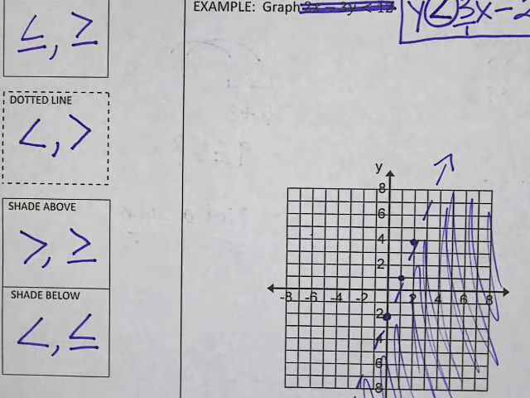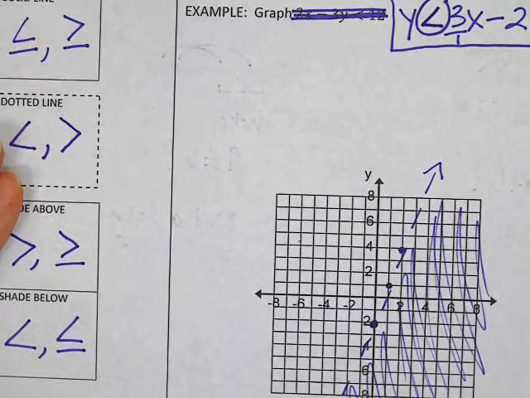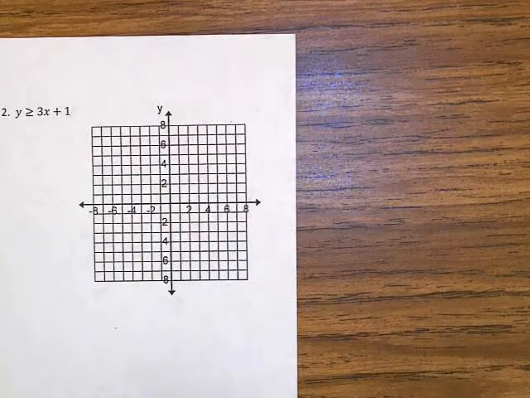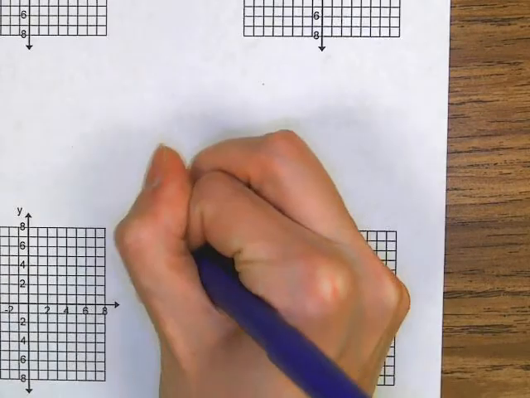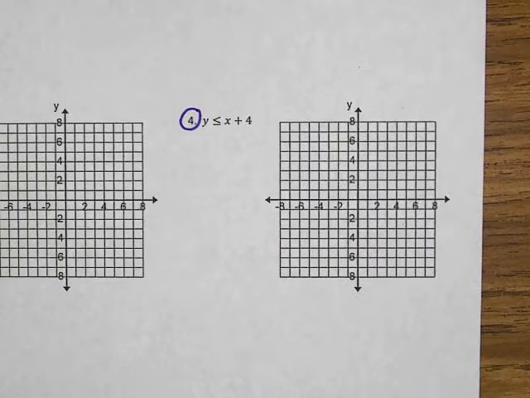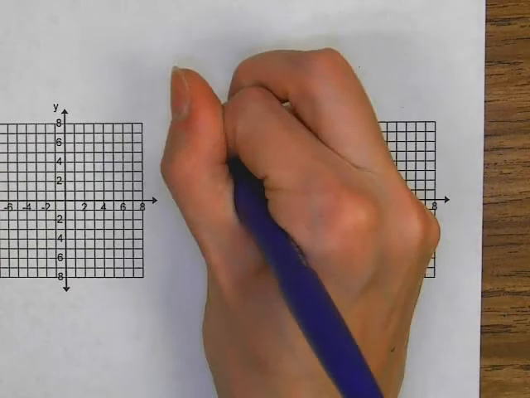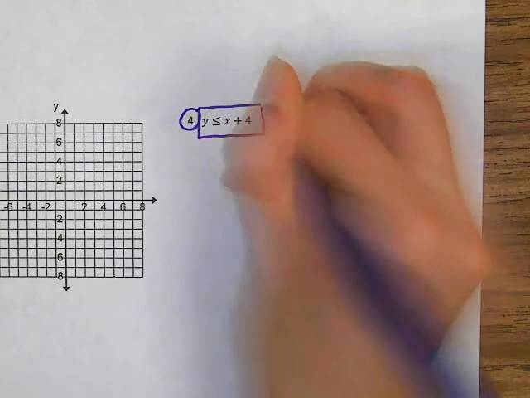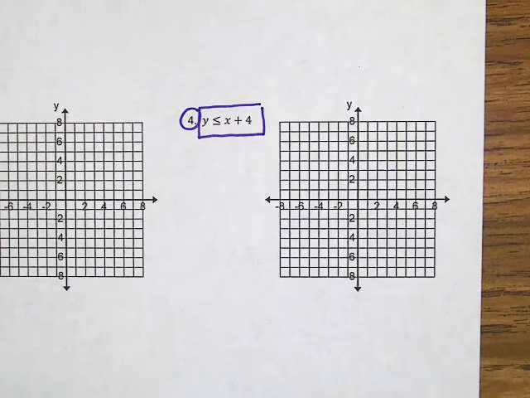So there's a lot of things that you guys have to remember for these. All right, let's do one more, and then I'll do another one for anyone who wants a little more practice. All right, so let's do number 4. Okay, so first up is get y alone, and it already is isolated, so we can move on to graphing the line.